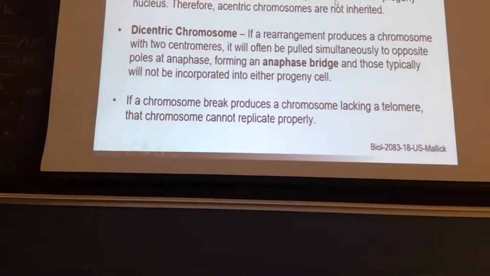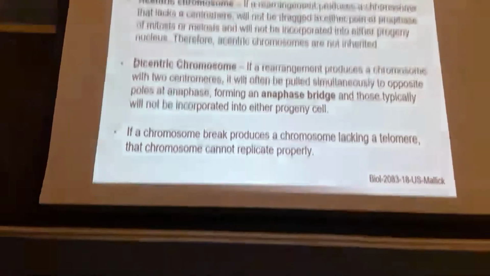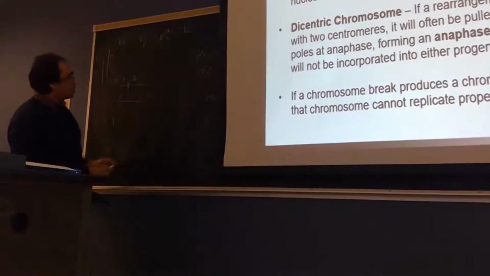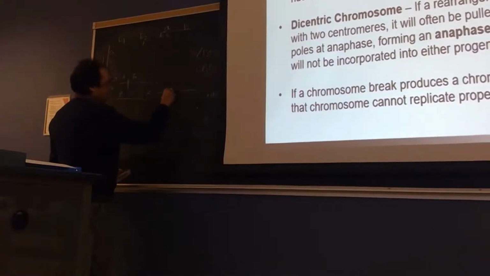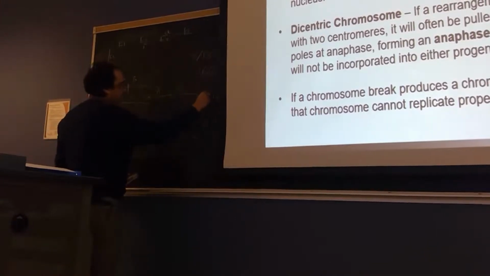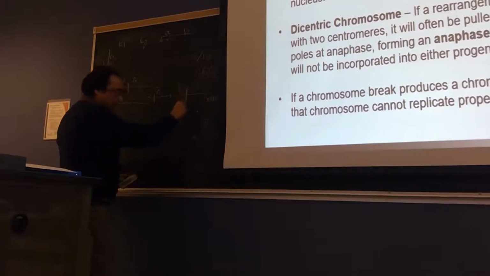And when there are two things, I'll talk about this one a little bit later, that if it involves the centromeric part, suppose this is a centromere here, and we have three genes here. This part is broken. Here is the broken part.